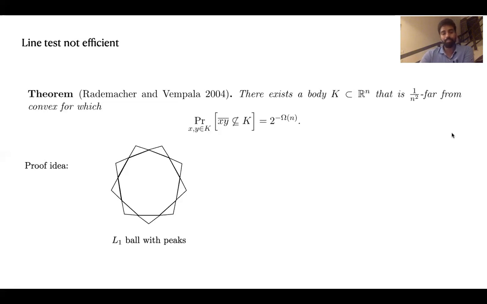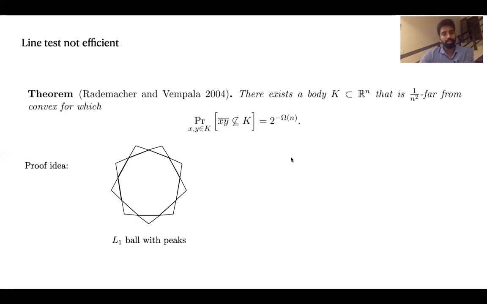This is the example they used to prove this theorem. It's called the Elven ball with peaks. You first start with an Elven ball and then extend the faces so that you get the peaks. They show that this body is 1 over n squared far from convex.